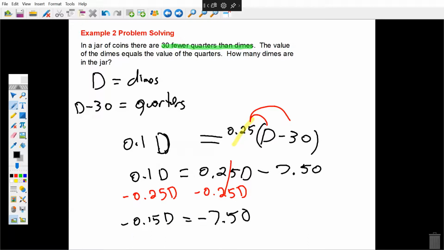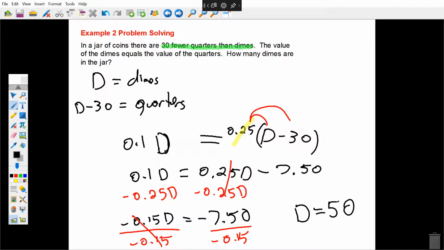Now I have to divide to get the D by itself. If I divide both sides by negative 0.15, I'm left with D equals 50.